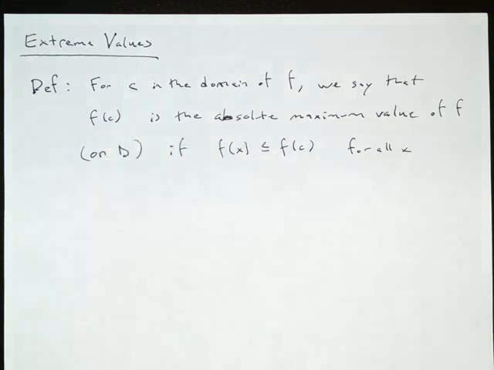If I have a value in the domain of my function, x equals c, the y value f of c is the absolute maximum value of f on the domain D if it's the largest y value that comes out.